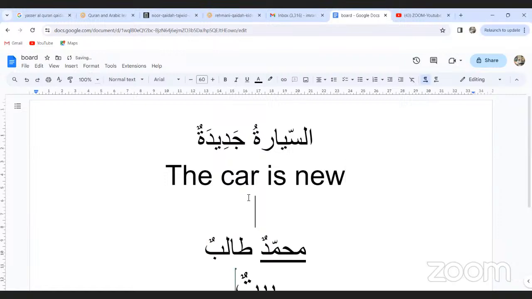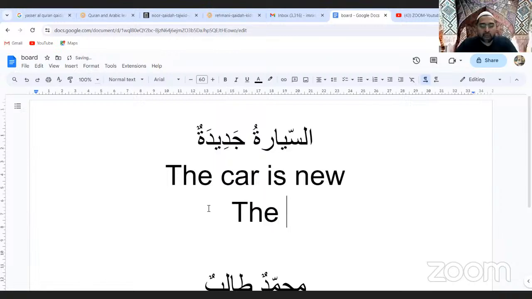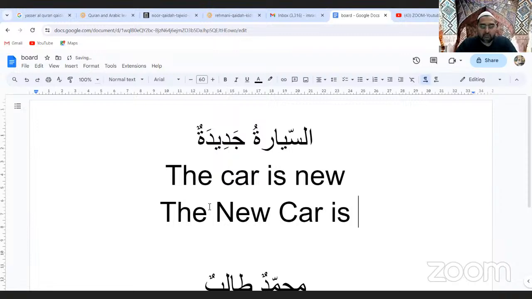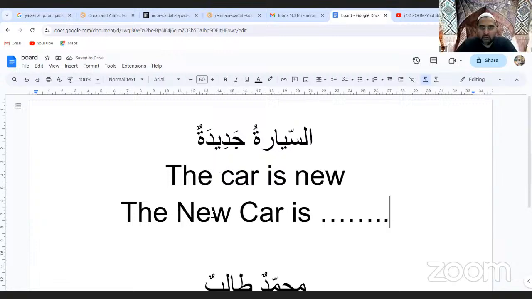Sometimes we want to say the new car is. What's the difference between the two now? The car is new, the new car is.